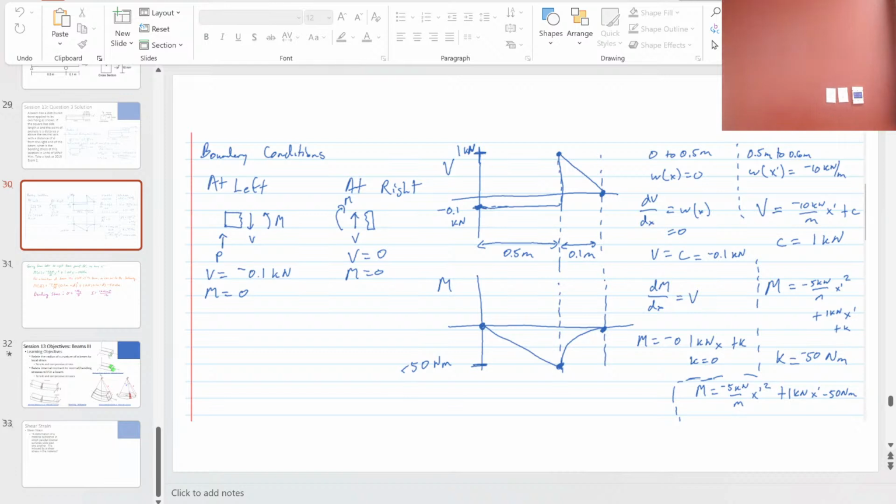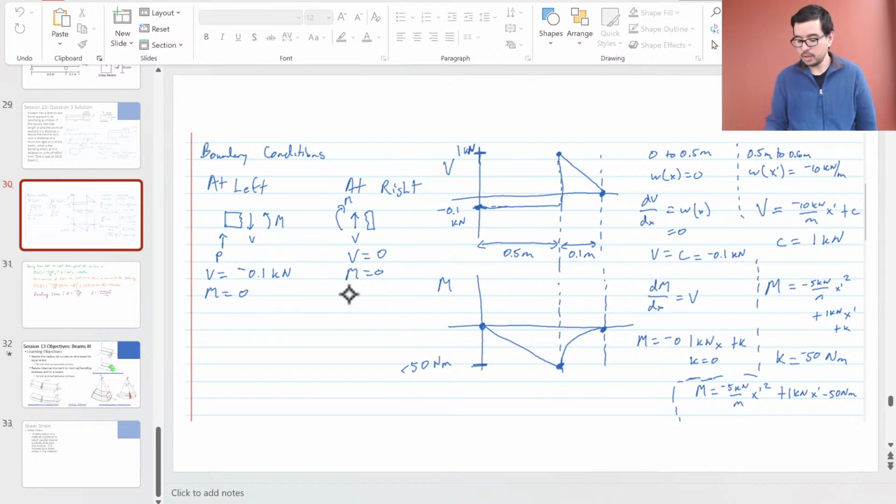For that, we're going to go a little bit to the right of P, and from the right, a little bit left of the entire overhang. So then we can figure out the internal shear and bending moment at the right side and at the left side as well.